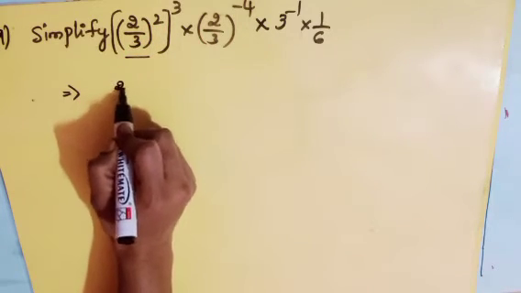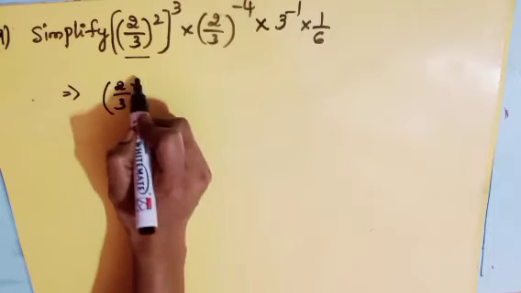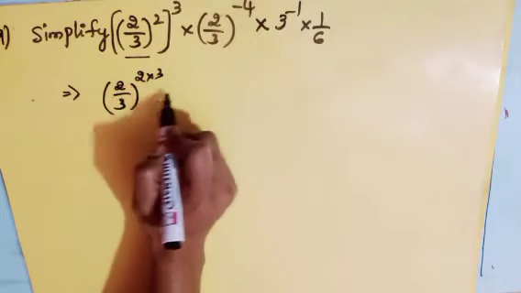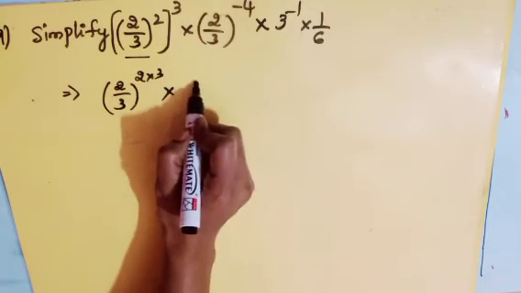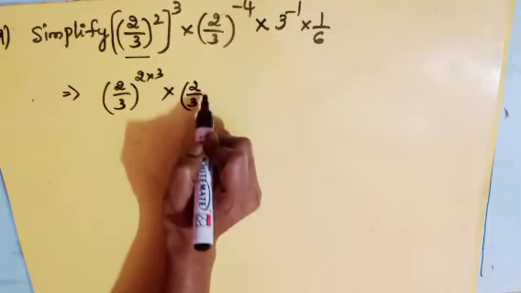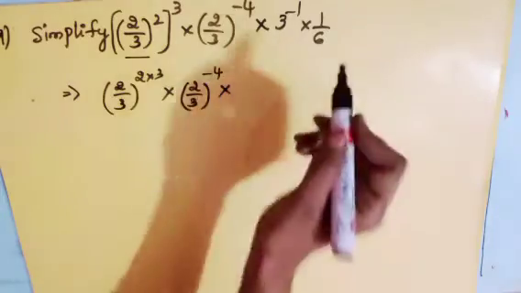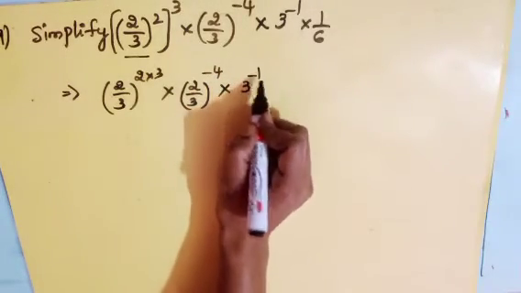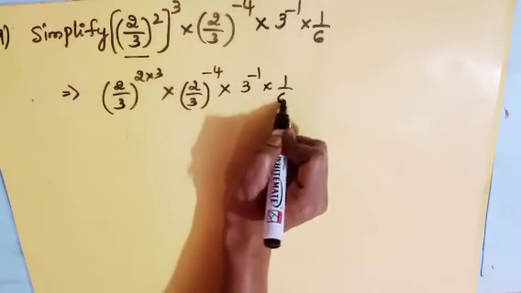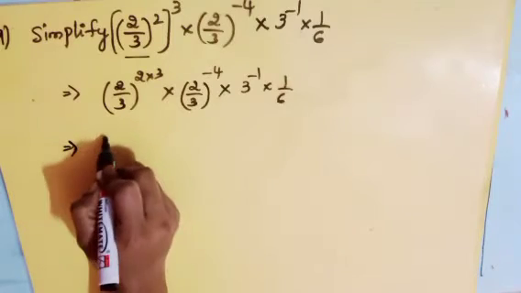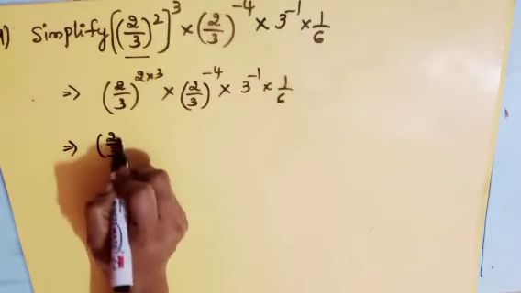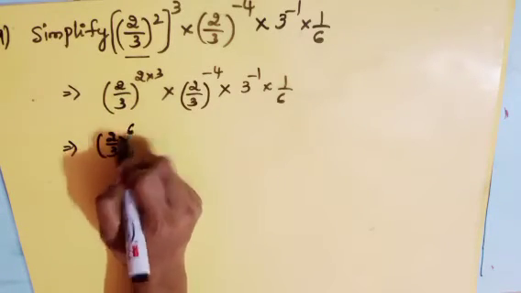So (2/3)^(2×3) times (2/3)^-4 times 3^-1 times 1/6, that is (2/3)^6 times (2/3)^-4 times 3^-1 times 1/6.